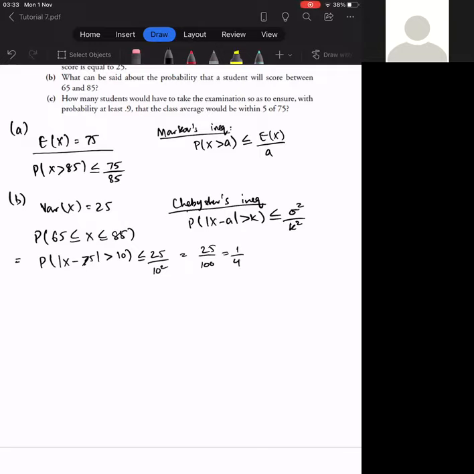Now, sorry, we want the absolute value of x minus 75 to be less than 10. For that, we're going to have to subtract this from 1 because we're basically looking at the complement.